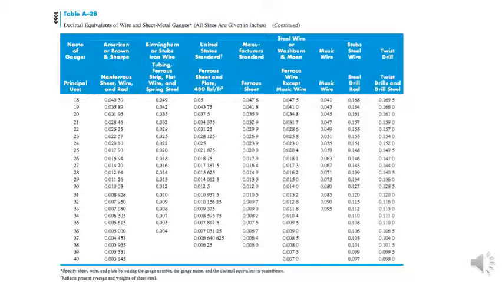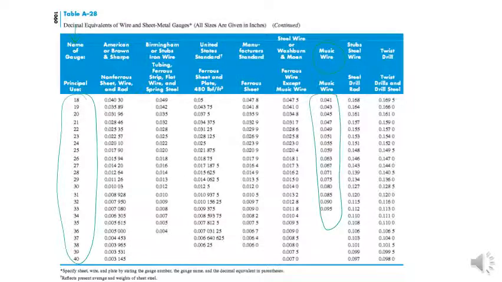You can see this is the gauge. This one column defines the gauge. And this is the music wire diameter. And I have selected 30. So if I go to 30 on this one, I get this.